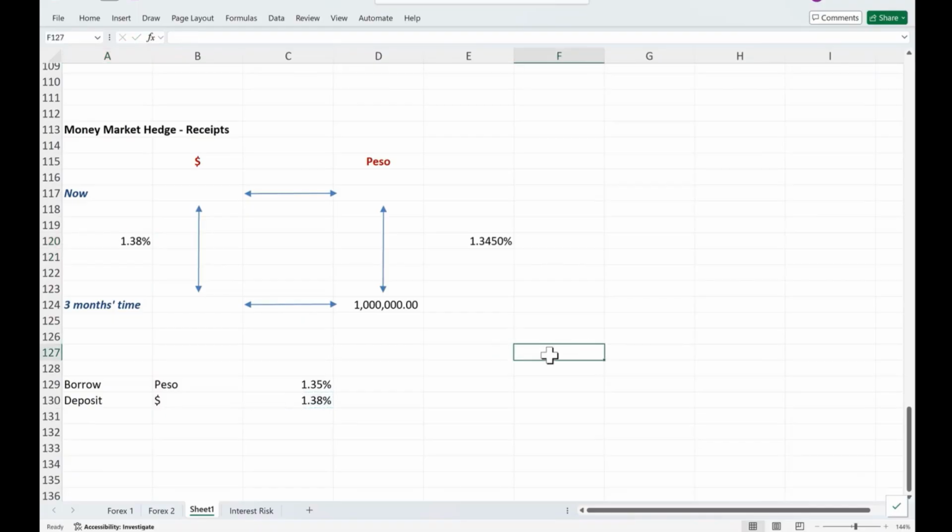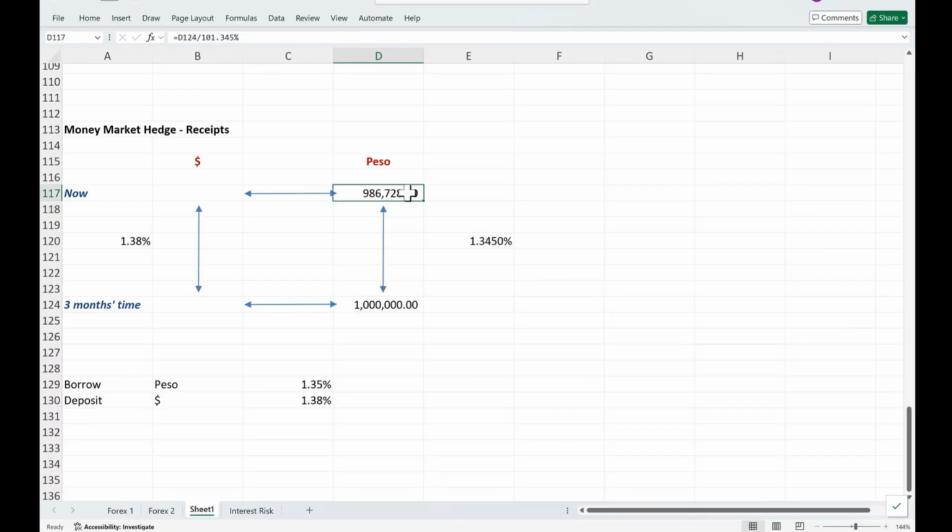Okay, now what's the idea? We should borrow in peso today. How much? Let's find the present value of this peso amount today. The calculation is the same, but the logic is very important. So this divided by 101.3450%, meaning we are discounting, converting into present value.